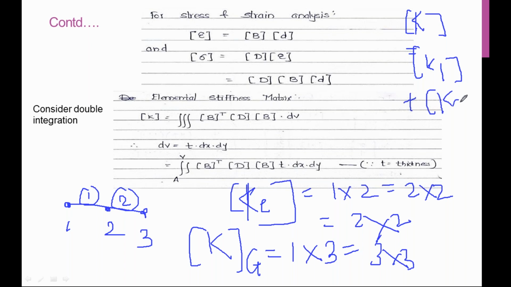K1 has size 2 by 2, K2 has size 2 by 2, but the position of the K1 element in the global stiffness matrix is 1 and 2, but for K2 it is 2 and 3, because the nodes associated with the second element are 2 and 3. Okay, clearly understood this bar element.